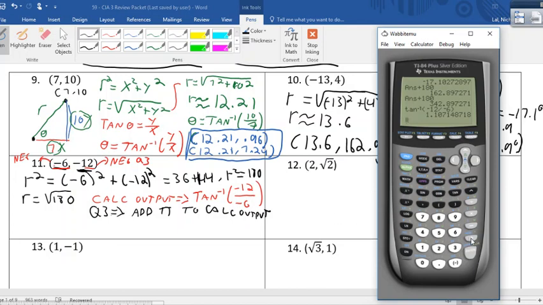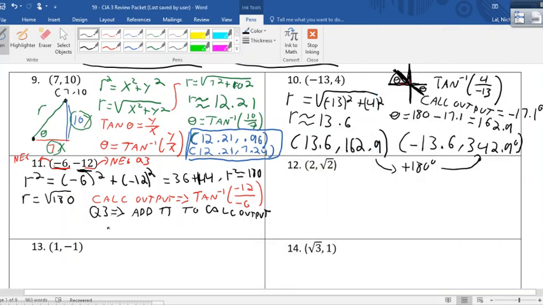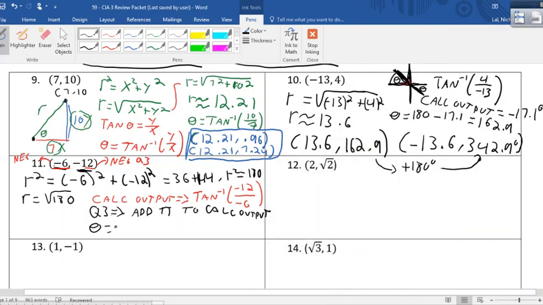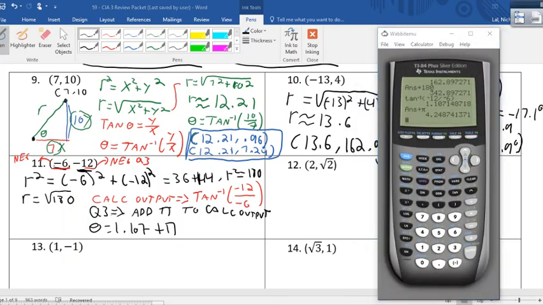We add pi, and that's going to give us 4.23. So theta is equal to 1.107 plus pi, which is equal to 4.23.